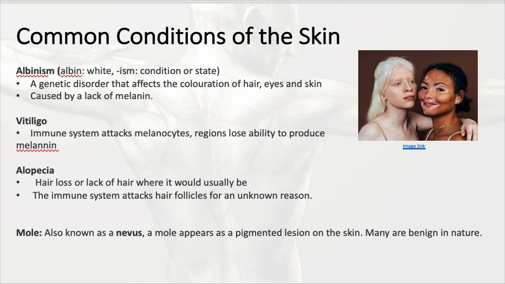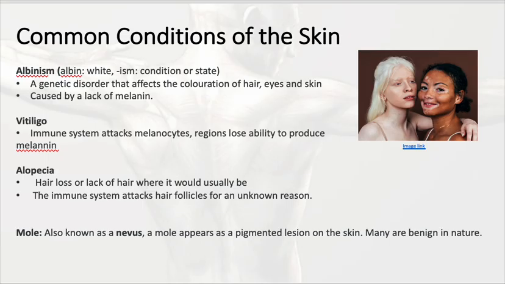So another slightly different skin condition that is associated with melanocytes is vitiligo. Now, vitiligo is unique because it is an autoimmune disorder. In this case, the body's immune system attacks and destroys melanocytes. So your immune system is destroying the cells that make the pigment melanin.